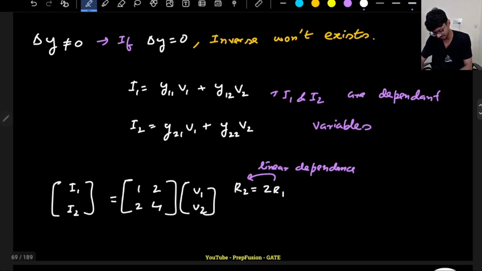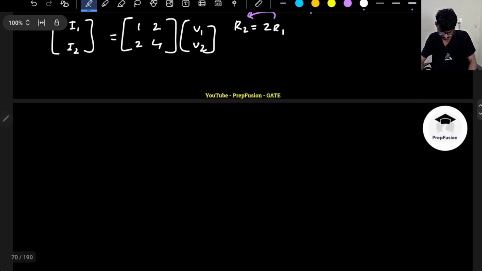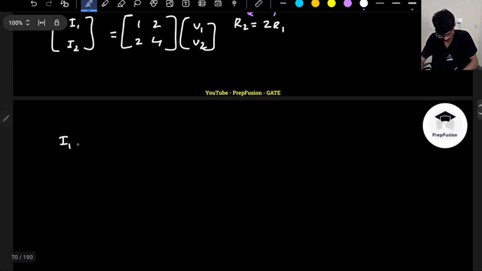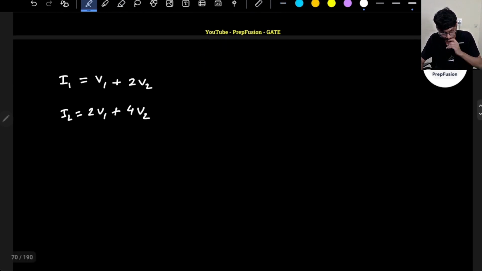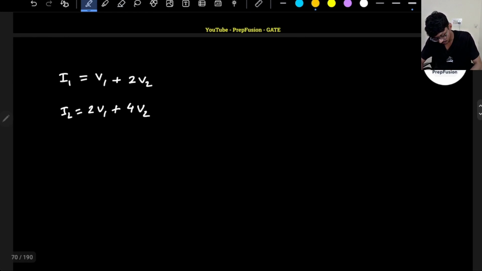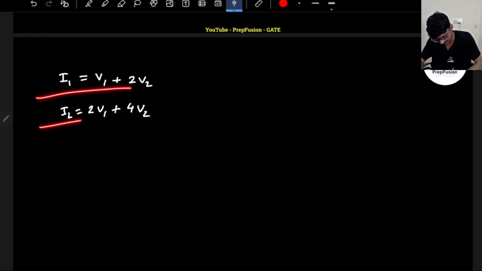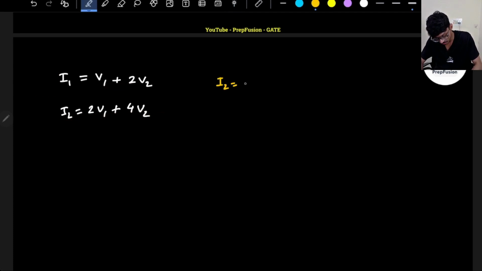So if I rewrite this, I1 will be equal to V1 plus 2v2, and I2 will be equal to 2v1 plus 4v2. So basically the second row is 2 times the first row. I can directly write I2 is 2 times I1.